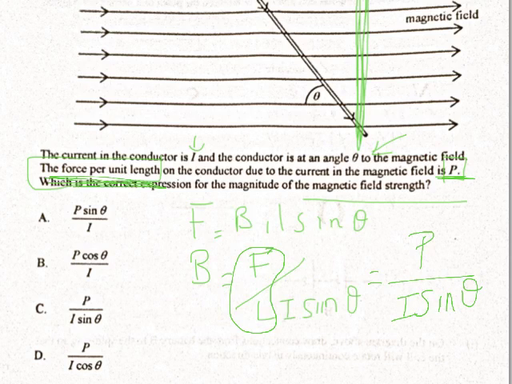And by that angle, make sure that you are clear, it is the angle between the current and the magnetic field. Okay, so they have given you the correct angle. I've never seen a question where they give you the wrong angle, but just be careful with that. So the answer to this must be C.